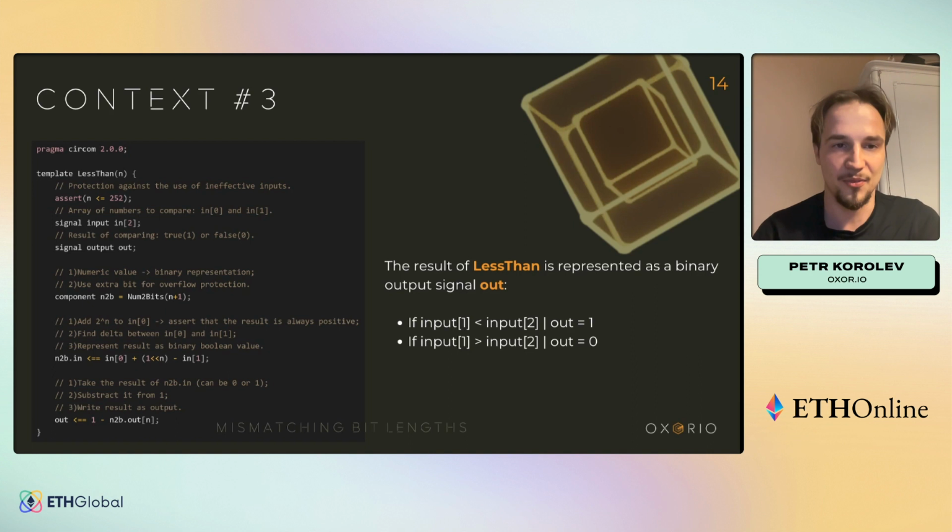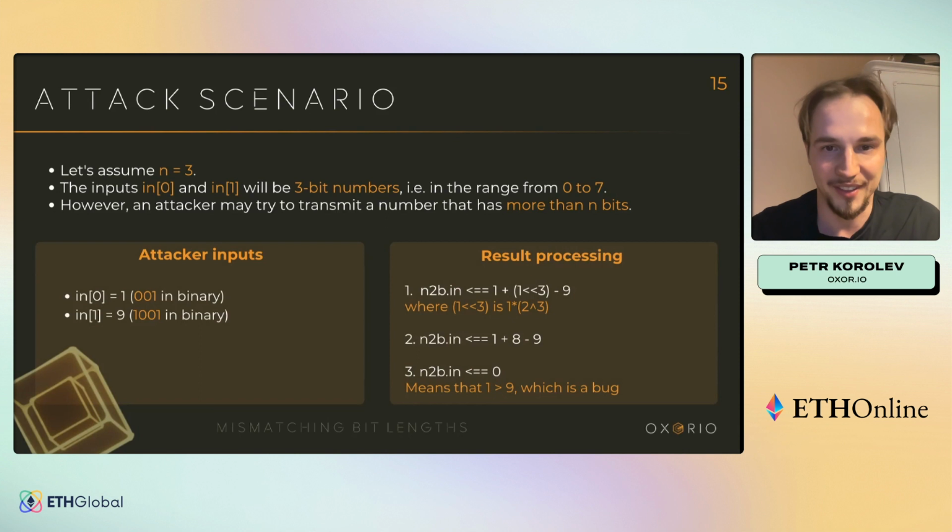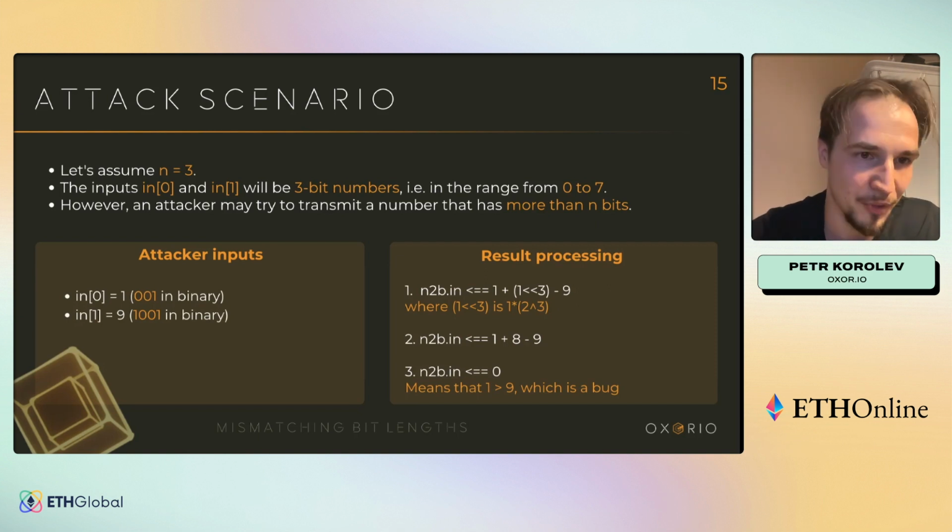If you give a signal with more bits than is assumed to be calculated inside, you can get a mistake that gives you the wrong output. Maybe Lev, you can give some more examples here.